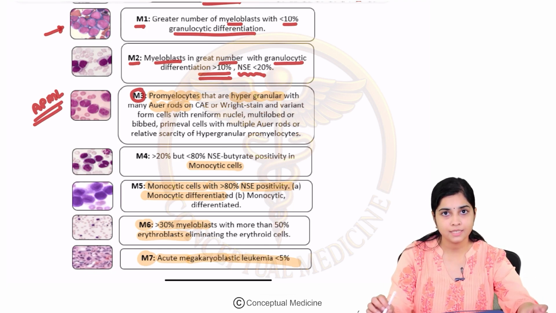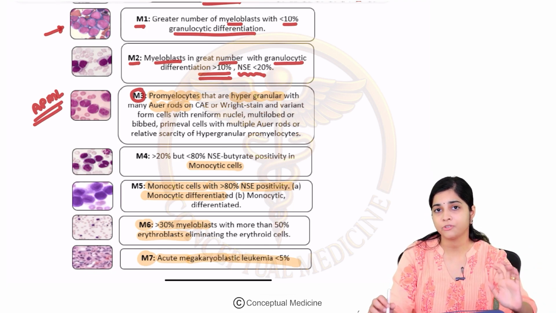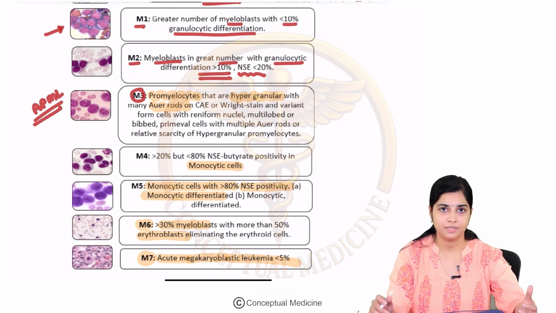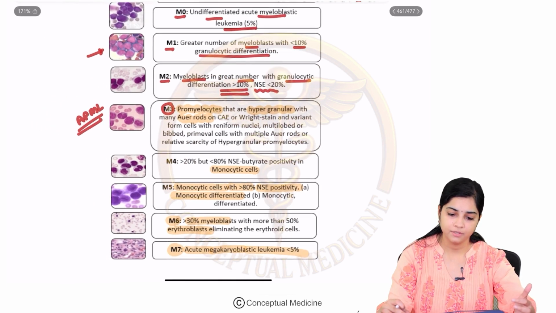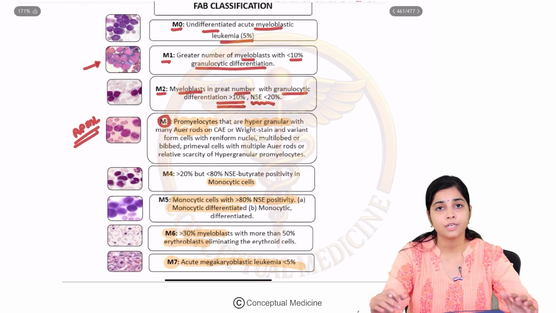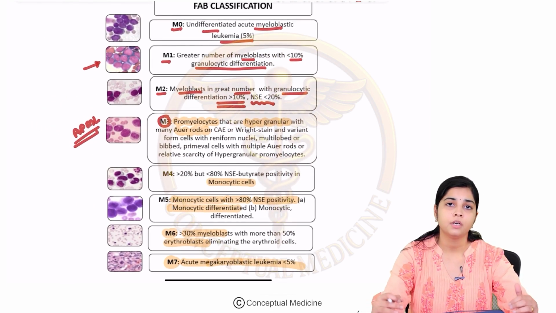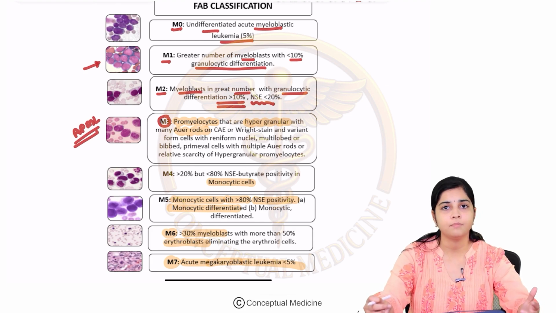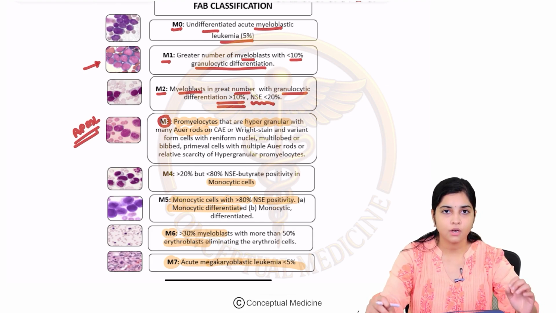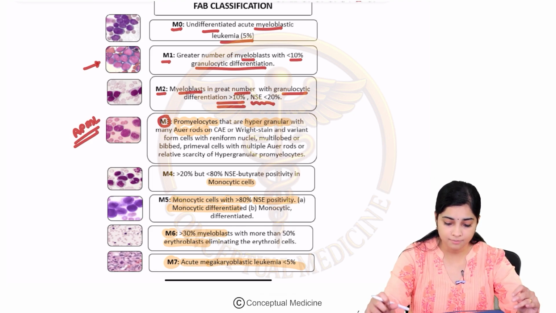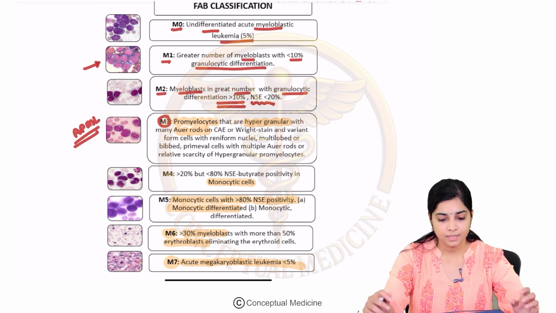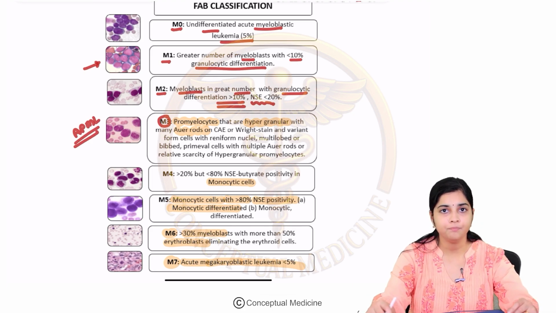So AML M6 is an erythroblastic leukemia, more of RBC precursors. M7 is more of platelet precursors, megakaryoblastic leukemia. Okay. So this is about your FAB classification, which you try and understand more in detail in the pathology classes. Okay, so out of this you have to remember that M3 is APML, M6 and M7 are erythroblastic and megakaryoblastic, monocytic is M4, okay, and APML definitely AML M3, right.